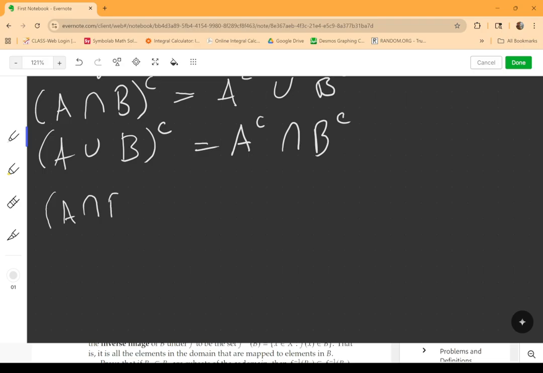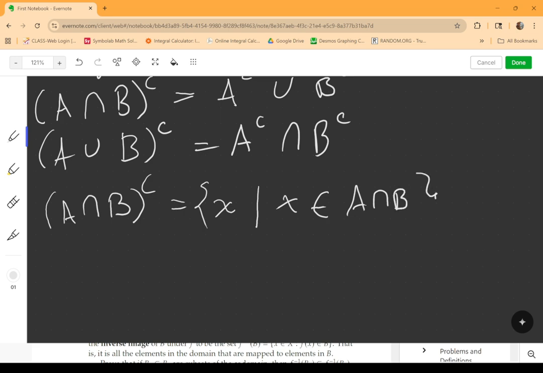Right, so if we have here, let's do this one: the complement of the intersection of A and B. So first, let's start off here. This set is defined by x such that x is not in the intersection of A and B. Okay?